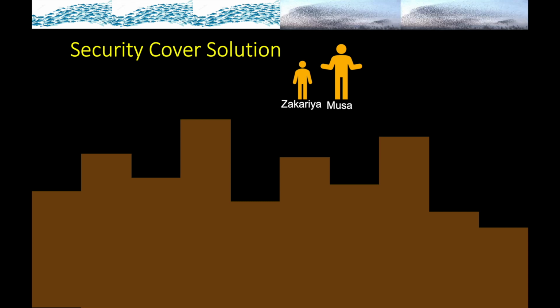So why don't we spread Musa and Zakaria apart to the two edges or the two corners, and make them move towards each other, such that by the end of the whole iteration or run, the one who is at the highest point, at the peak, basically, will be at the global maxima. So how does that work?